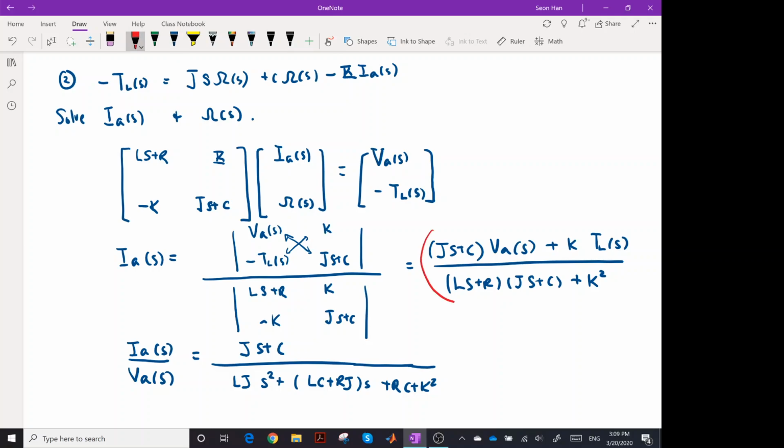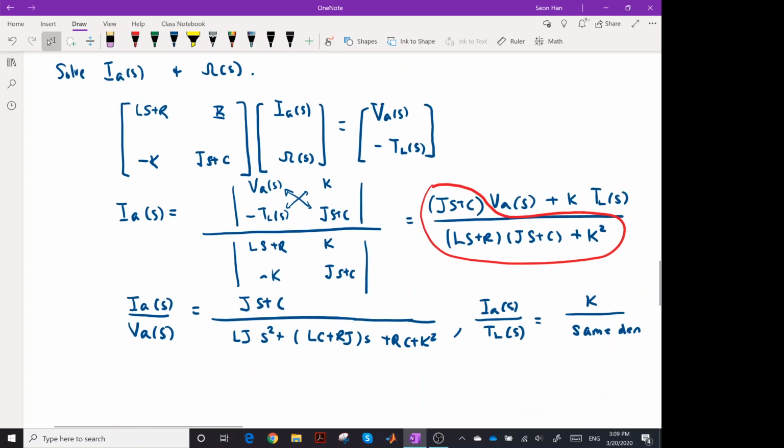This is the transfer function of I divided by V_A. And then the second transfer function, I_A(S) divided by the load torque, equals K divided by the same denominator.